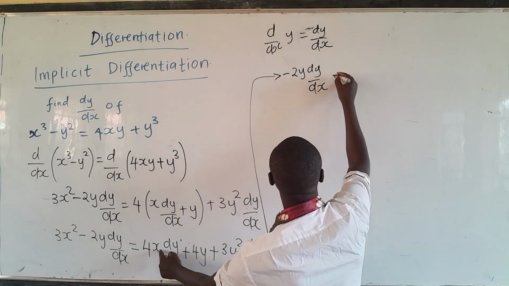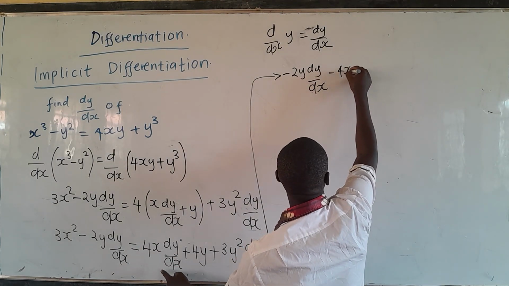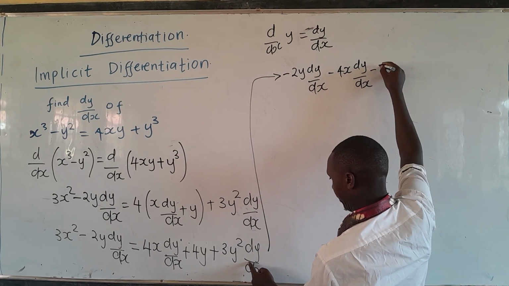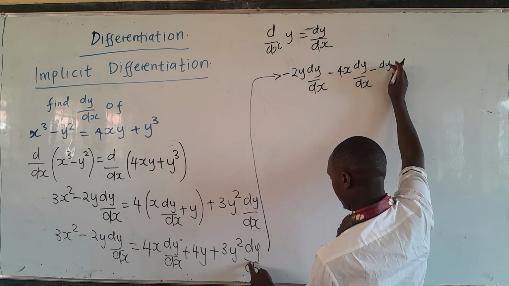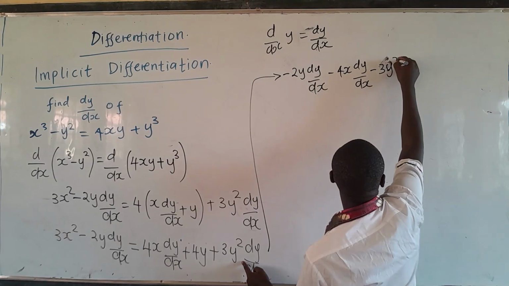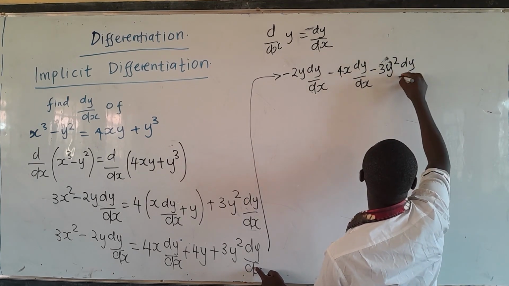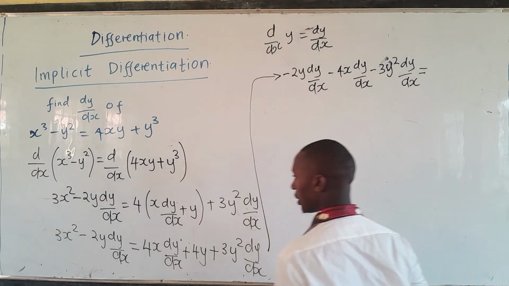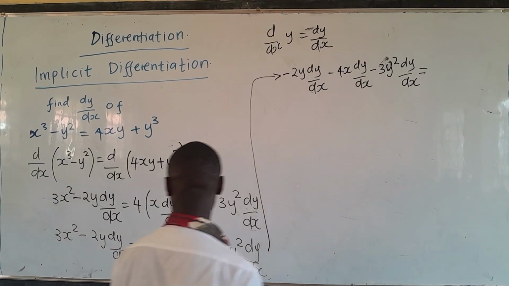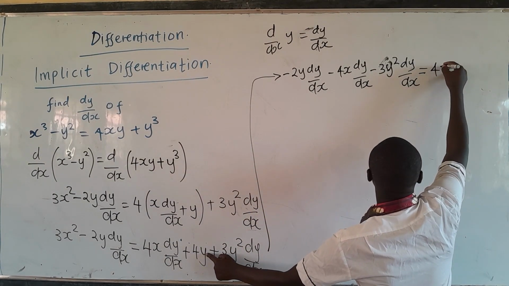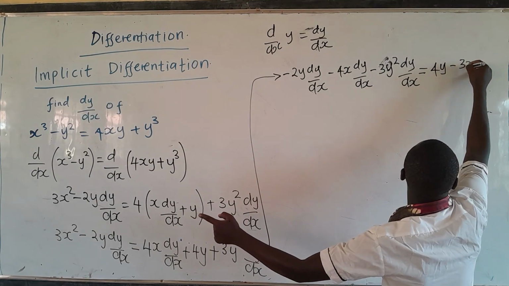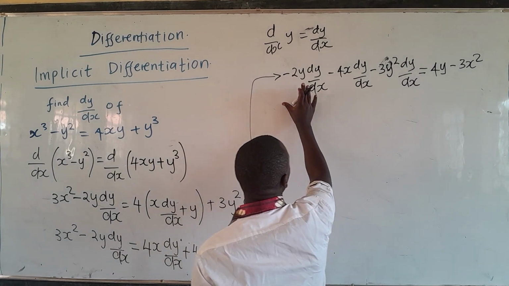The second term is going to be minus 4x dy/dx, and the other term is going to be minus 3y squared dy/dx, is equal to those terms that do not have dy/dx, which are 4y minus 3x squared. So here we need to solve for dy/dx.